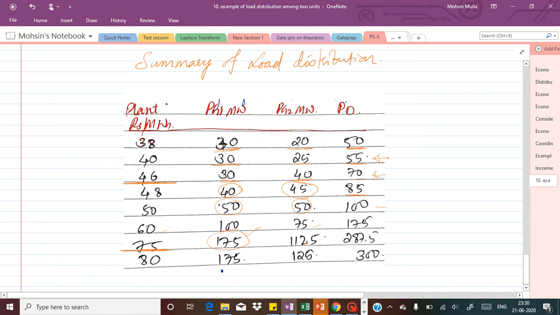Afterwards, if there is any increase in the demand, generator 1 has reached its maximum capacity, so it will remain constant. Only generator 2 is loaded until it reaches 125. So if the demand is between 287.5 and 300 megawatt, only generator 2 is supplying the increased demand.